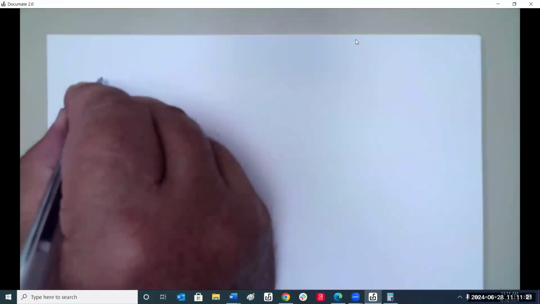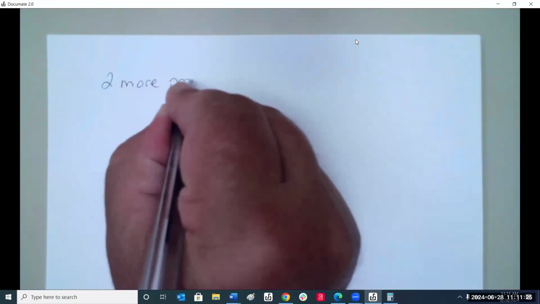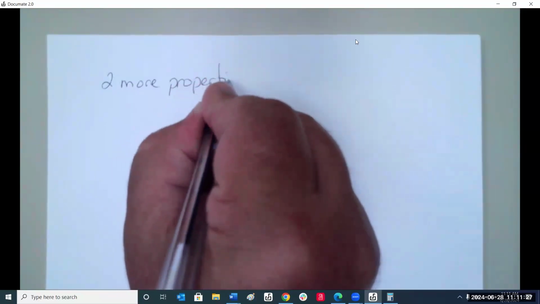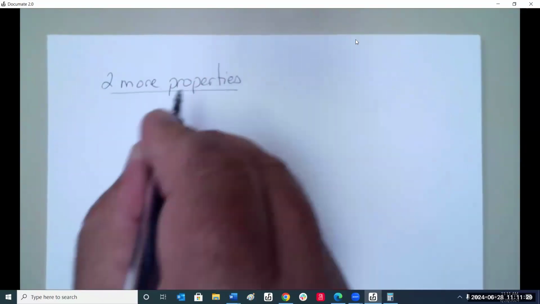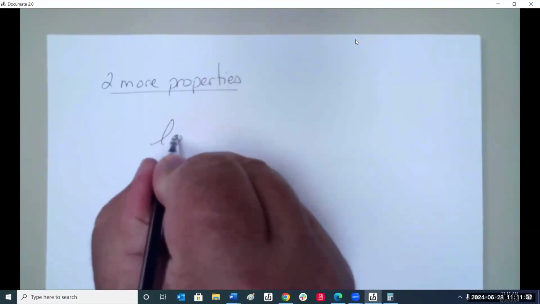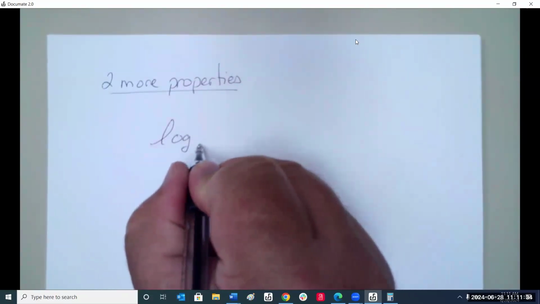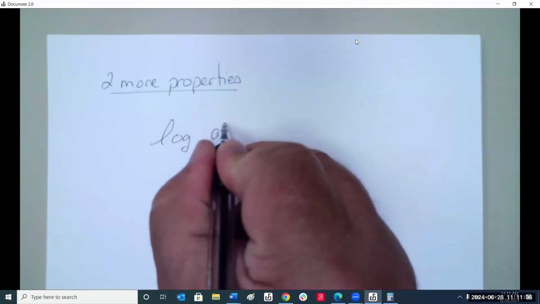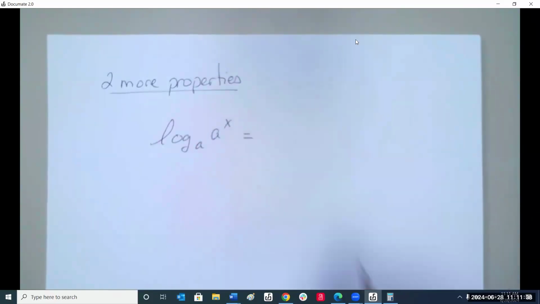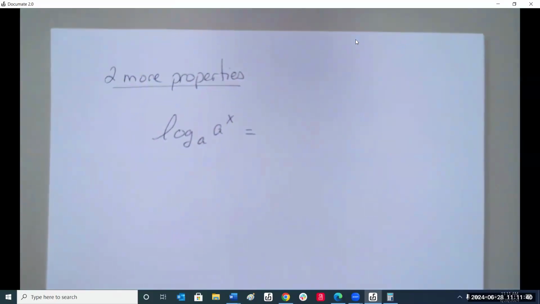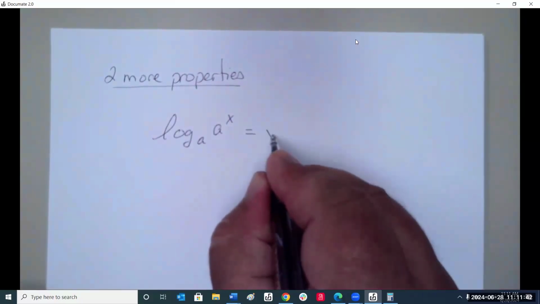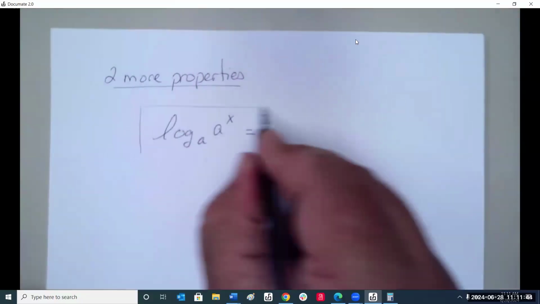All right, we have two more properties that were not discussed earlier. Log base A of A to the X equals X. That's one of them.